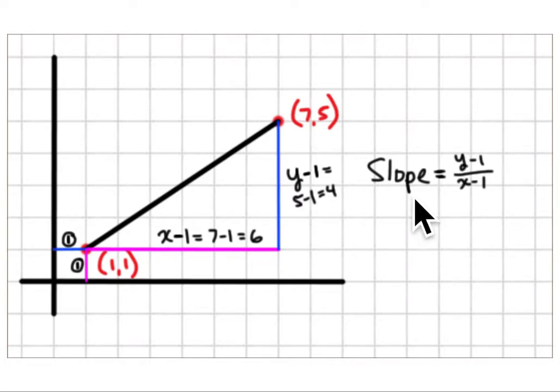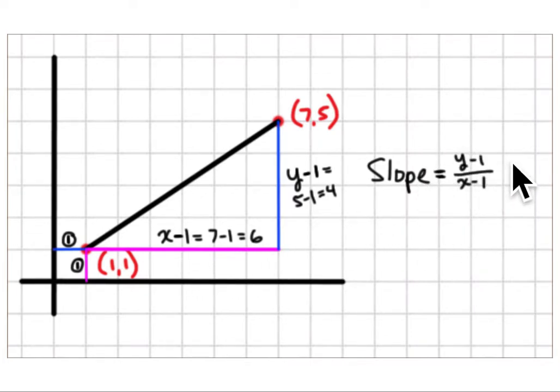So the slope is the ratio of those two expressions. It's the y value minus 1, the vertical length along the y-axis, compared to the horizontal length, which is the x value minus 1.